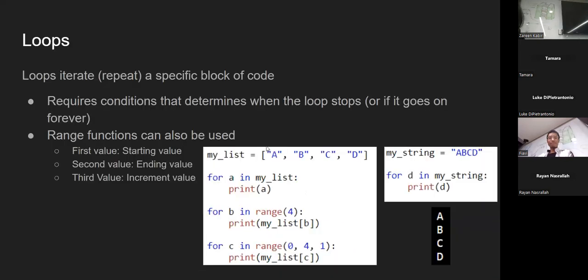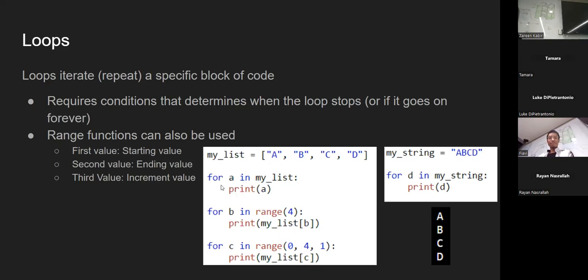And then there's loops, which repeat a specific block of code that's contained, and they require conditions that determine when the loop stops. Or if you want a loop that goes on forever, like an infinite loop, you can do that, but that's not really recommended. Usually, if you want to iterate through a list, you can write for A in and then your list name.